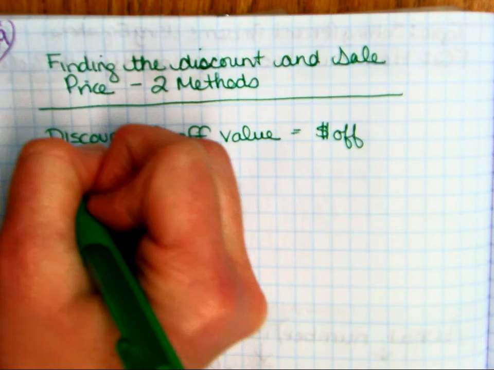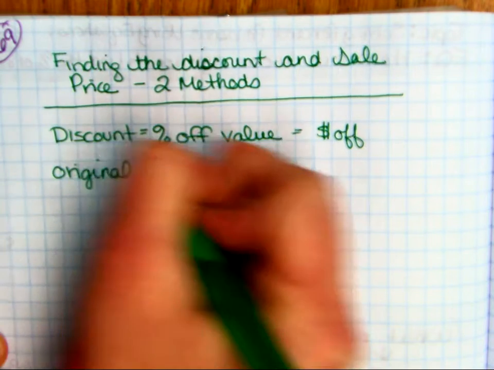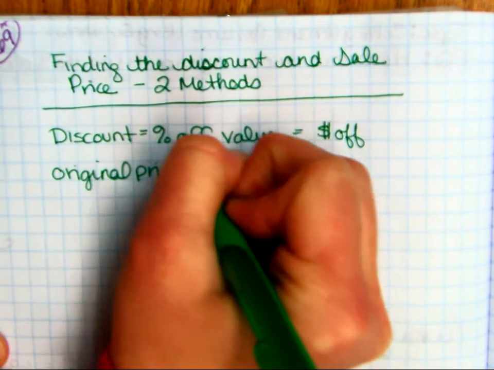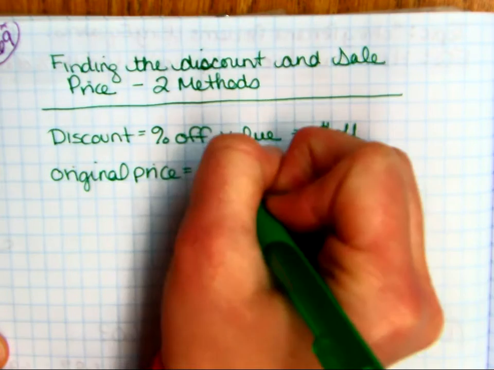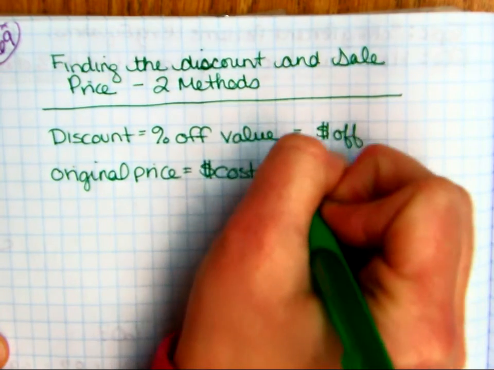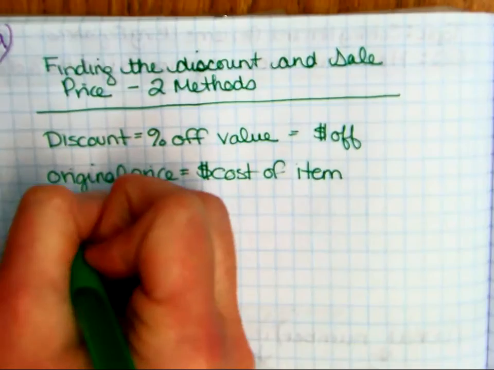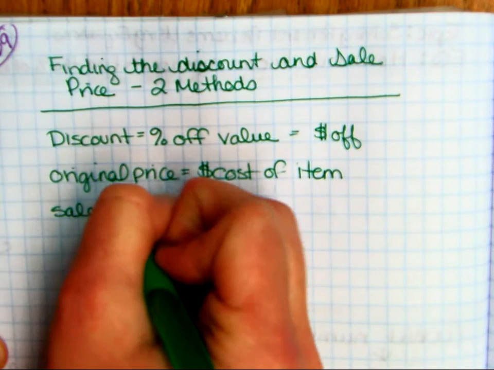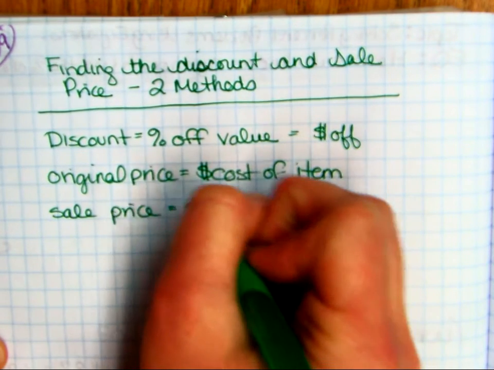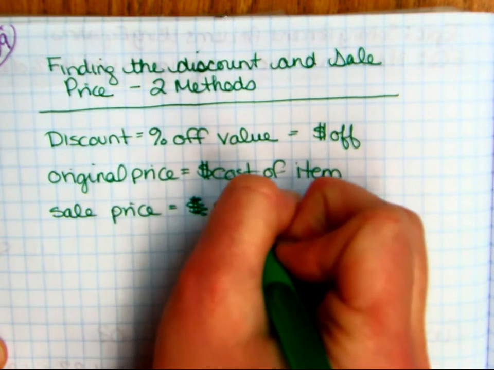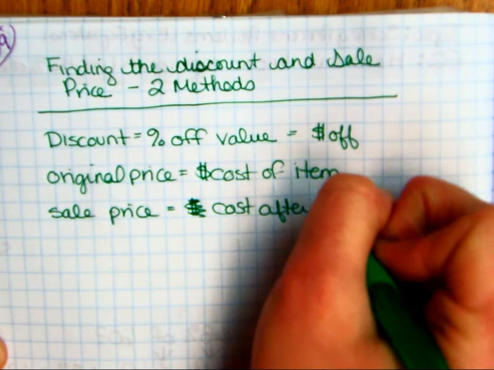And then you also need to know the original price, which is the money or the cost of the item. And then you need to know the sale price, which is the money, the cost, after the discount.